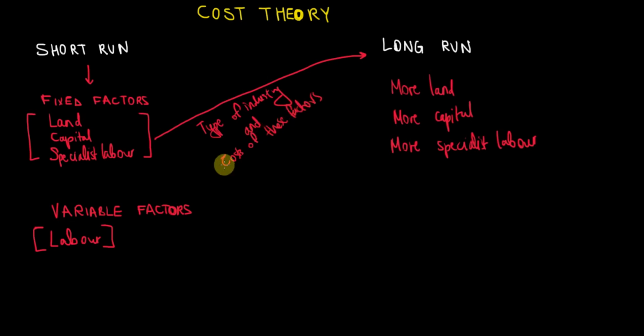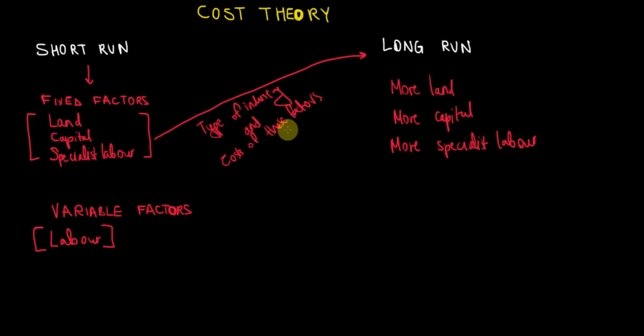If we want to acquire new land in order to expand our business, the question is, how much does the land cost in that specific country, in that specific economy? If the land is super expensive, we need quite a lot of time to have enough money to buy new land. The same goes for capital.